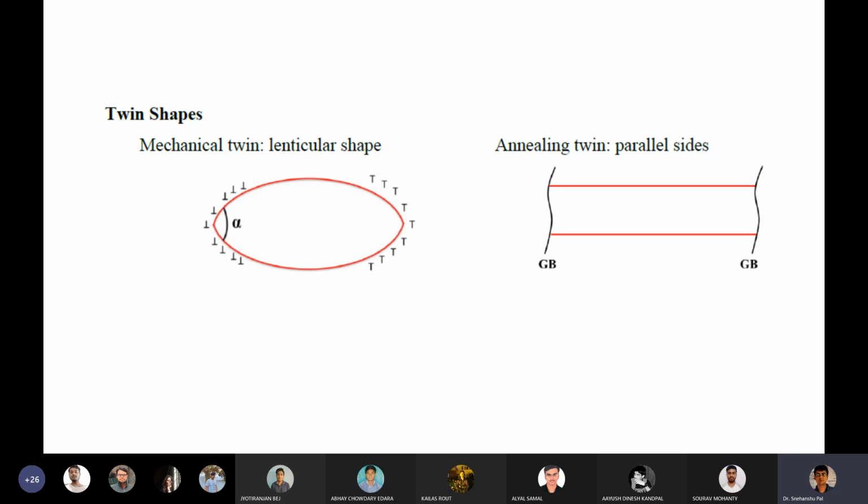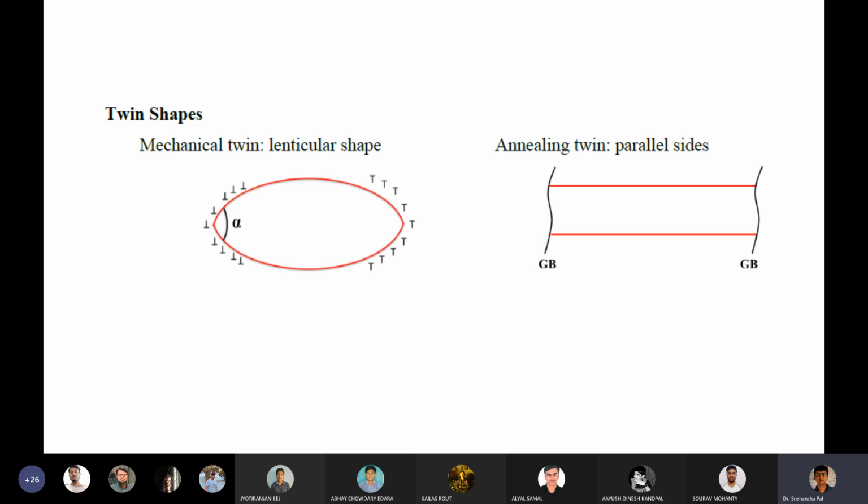So the alpha angle will decrease in the case of the lenticular shape with increasing shear strength. If you enhance the shear strength, then you are going to see the edge of the lenticular shape become much steeper. So alpha will decrease. And generally, the twin initiation space is much larger.